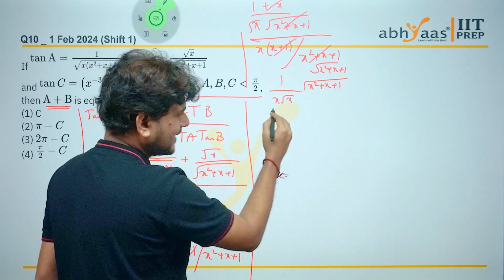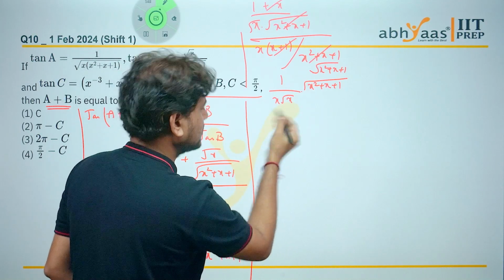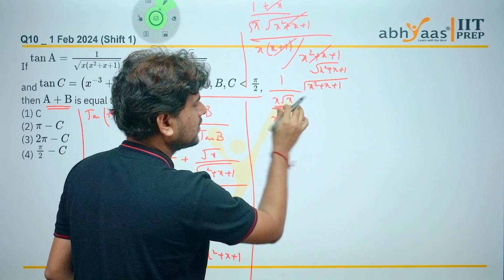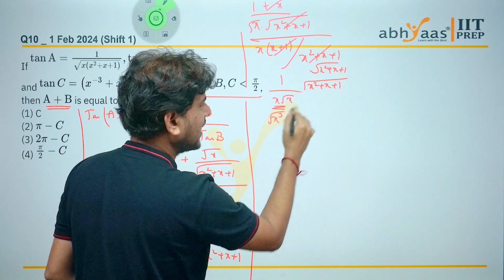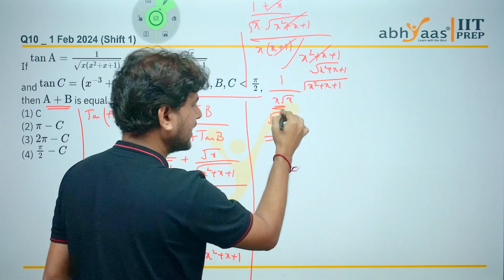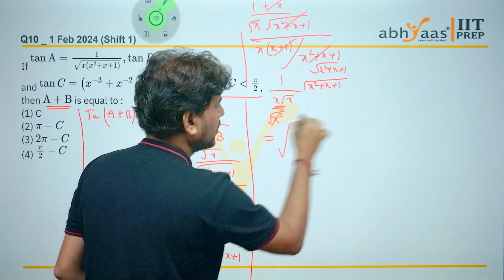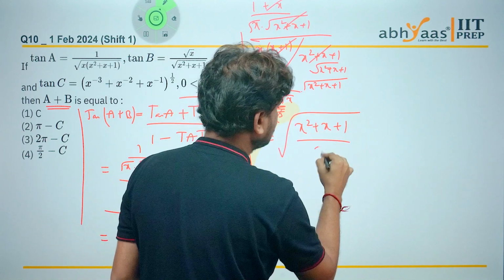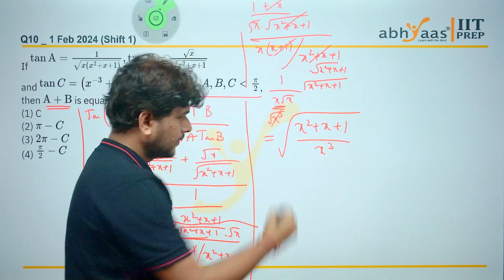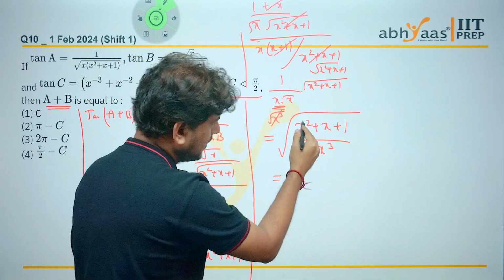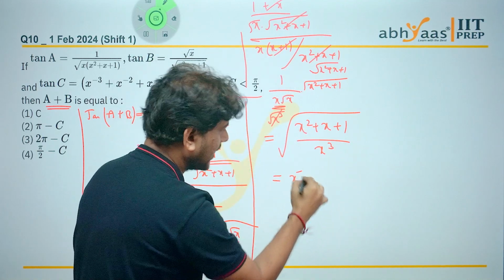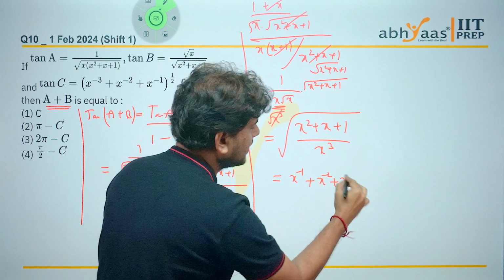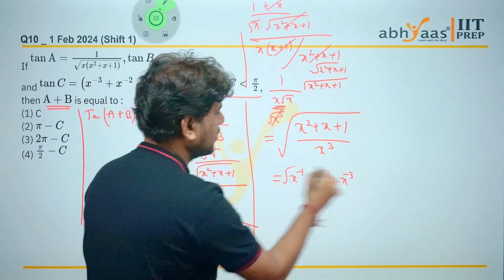Take x into the root, so we'll get x cube here. So everything will be under one root. We are writing everything under one root: root of x square plus x plus 1 by x cube. That is x square by x cube is x power minus 1, this will be x power minus 2 and this will be x power minus 3, under the root.